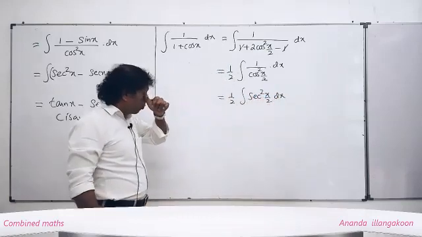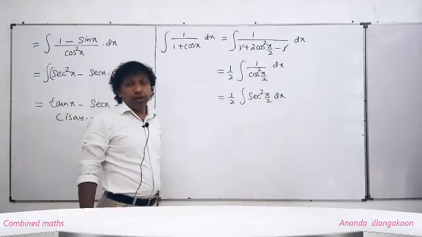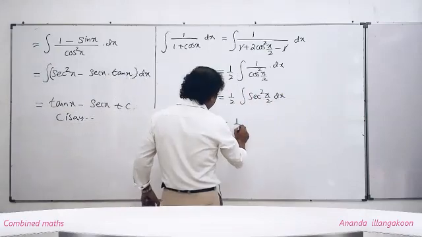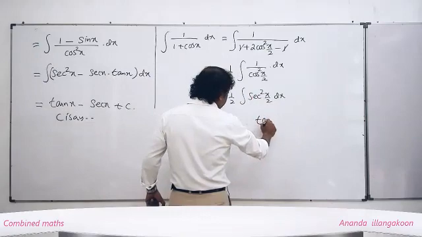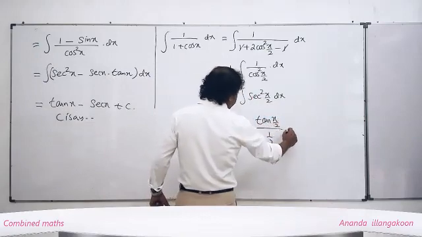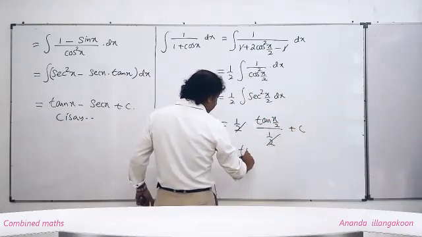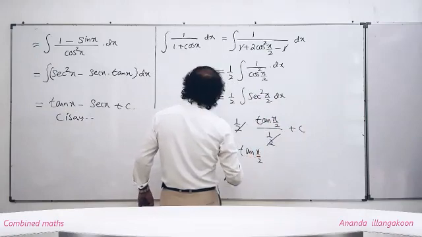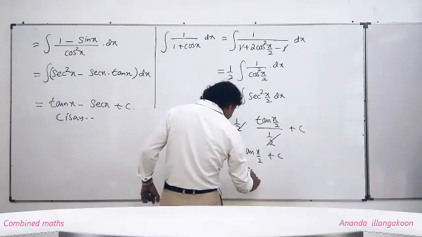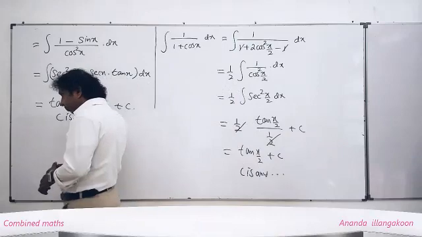The integral of sec squared x by 2 is tan x by 2 divided by half, plus c. This 2 you can cancel down. C is any constant.